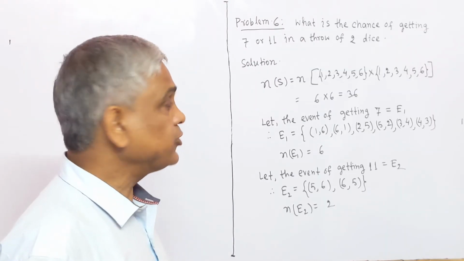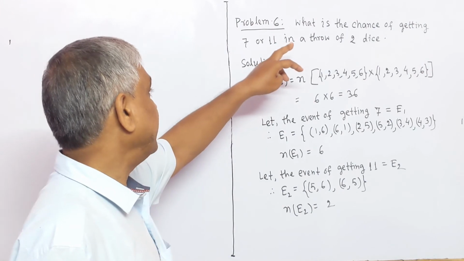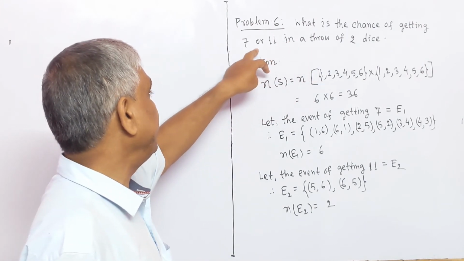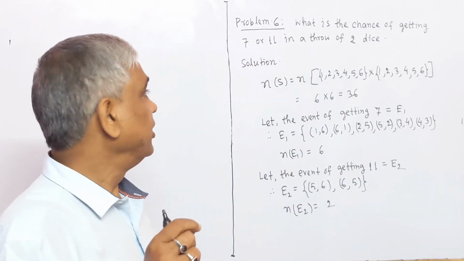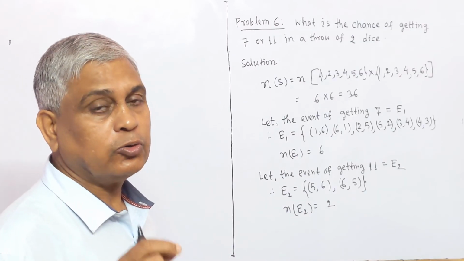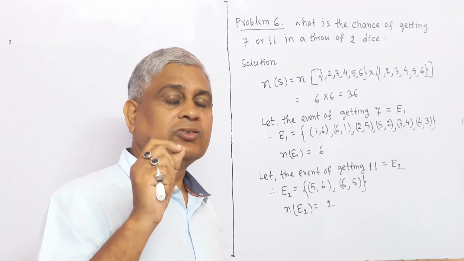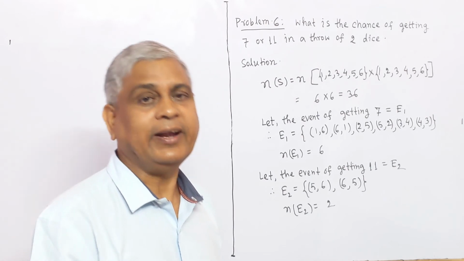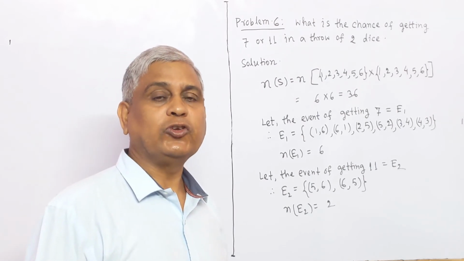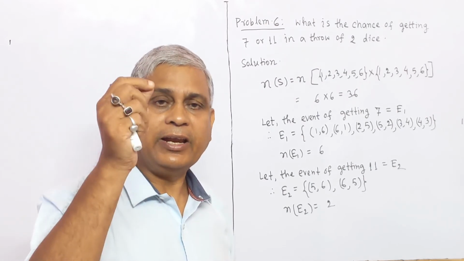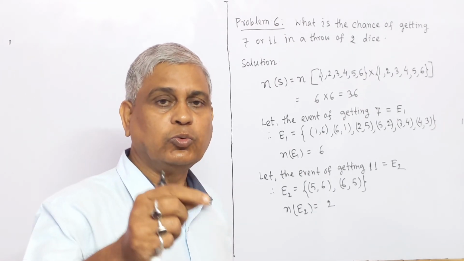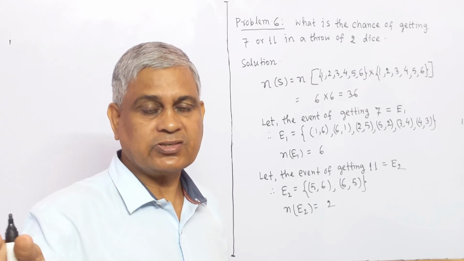Now we solve the next problem. The problem is, what is the chance of getting 7 or 11 in a throw of 2 dice? Since for throwing 1 die we get a sample space having elements 1, 2, 3, 4, 5, 6.